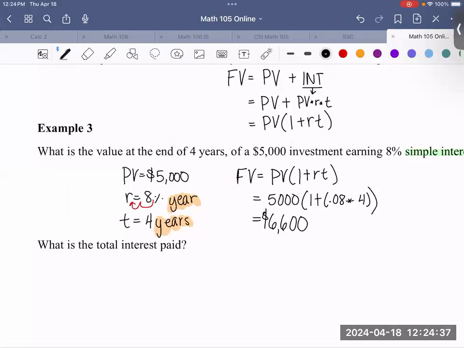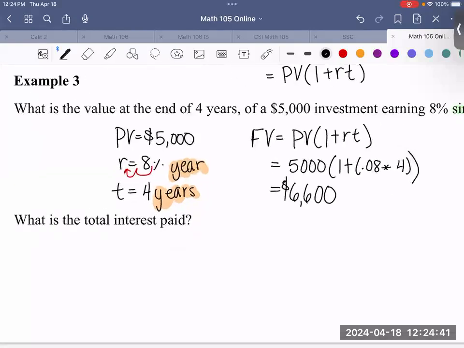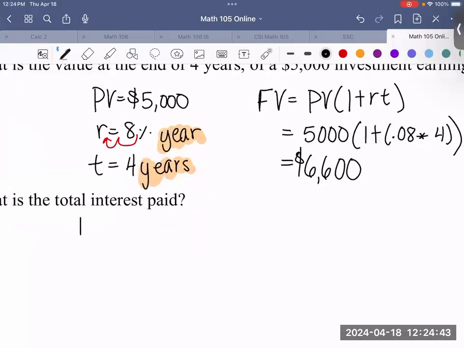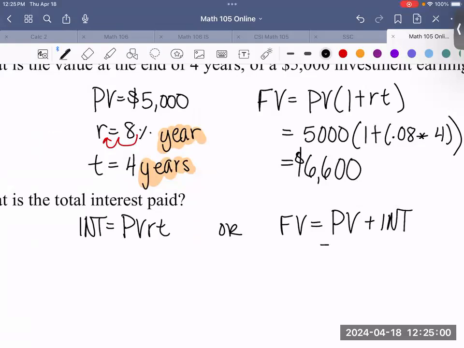Now here you are asked to find the total interest paid. So you can do one of two things. If you know to calculate your interest this way, you could do it one way like this, or you can do it as if you know your future value is your present value plus your interest, then you can subtract your present value so that you get your interest alone.